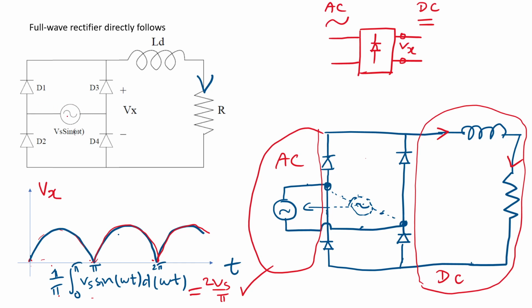Okay, so let's say you use this plus terminal and this minus terminal. If current flows out of the plus terminal from the source, we say V here is positive. Okay, so because this diode cannot allow it to flow backward like this, it goes this way, and then it can't go this way, right?